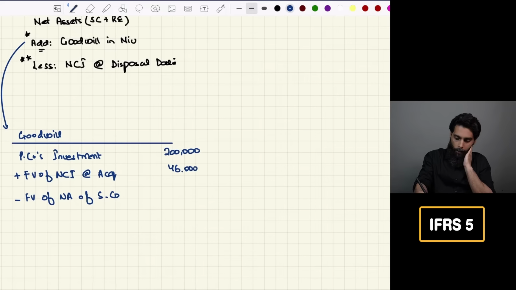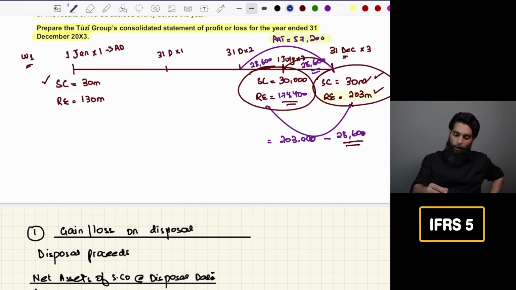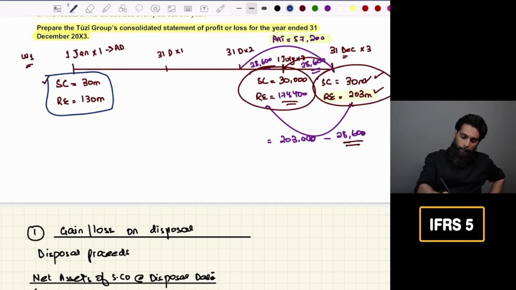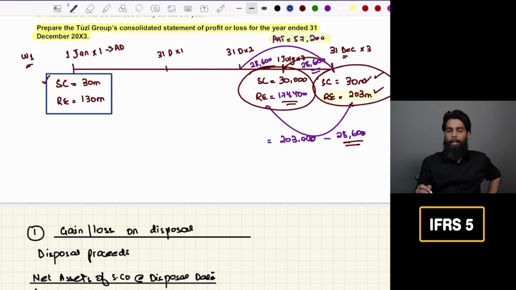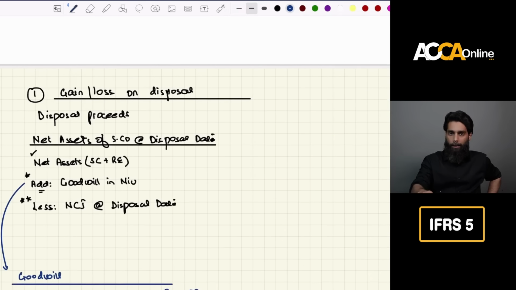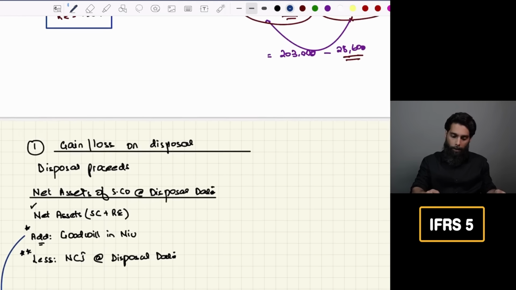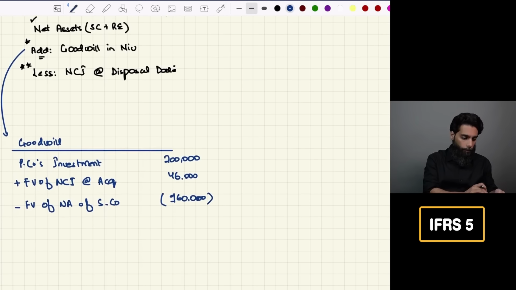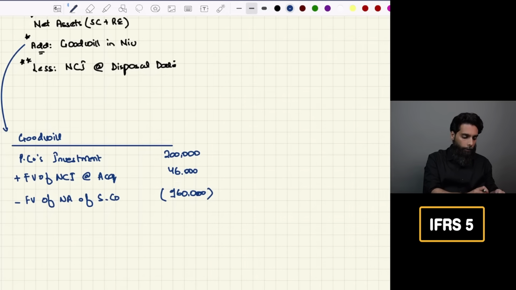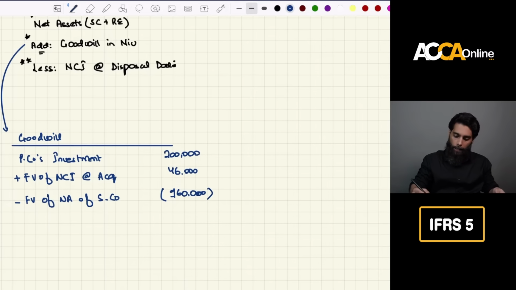Then I take net assets of S company at the date of acquisition, and if we look at it closely, these were the net assets at the date of acquisition, 30,000 and 130,000. Talking about it in thousands, that would be 160,000. 130 plus 30 is 160. And then if you work it out, this will be 246 minus 160.